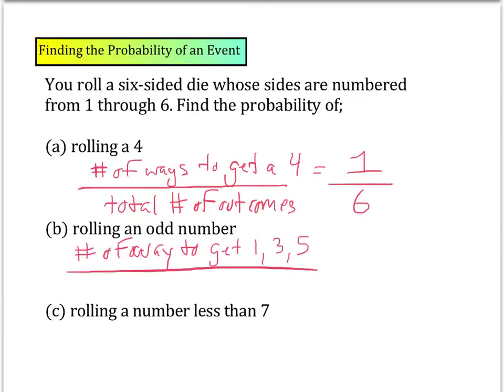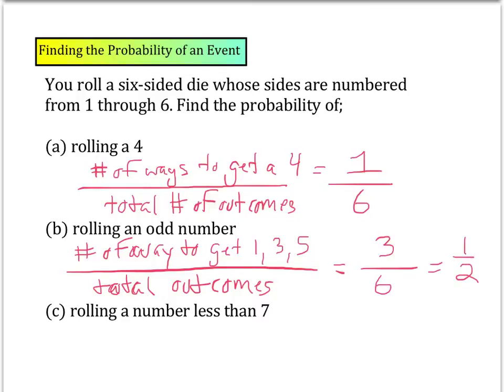And we're going to divide that by total outcomes, which is going to be 6. Now the numbers are 1, 3, and 5, so there's 3 different possibilities. If we simplify that, it's 1 over 2.